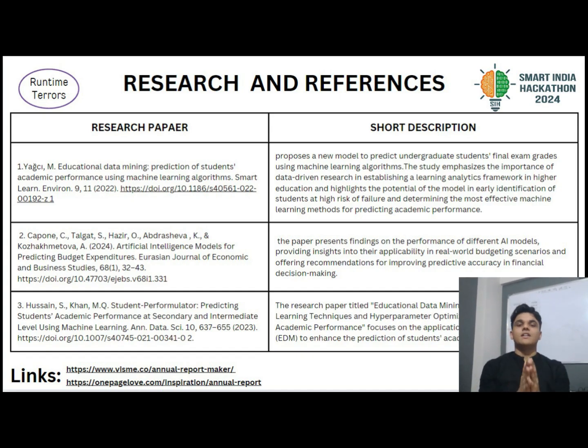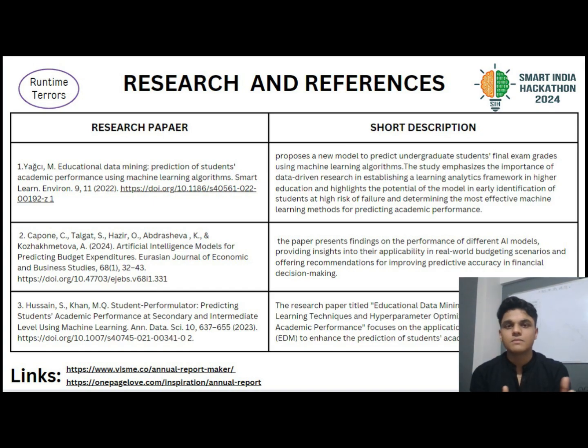I think you now understand what exactly we are doing and how we are implementing things. At the end, I just want to conclude with one thing: each and everything has its own pros and cons. We are aiming to bring a change in the educational institute so that we can get good educational reports.